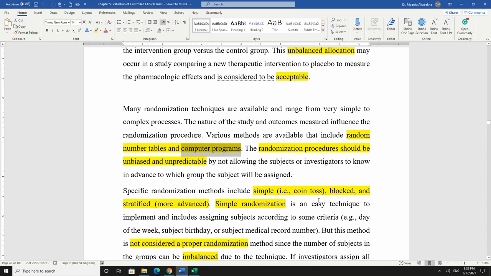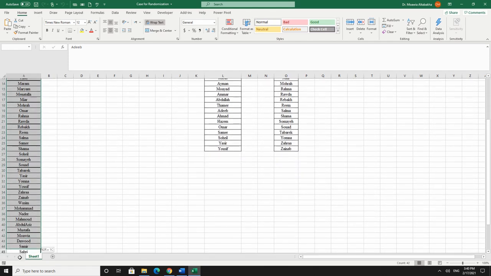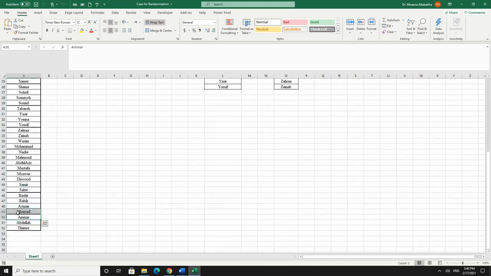And then I will talk about the other cases. Here I'm talking about simple randomization. Let me say I have the following subjects recruited. I have Abdulqader, Adib, Ahlam, Ahmad, Amna, Aya, Batoul, Dunya, Dina, Haneen. So I have subjects as you see them here. There are 52.